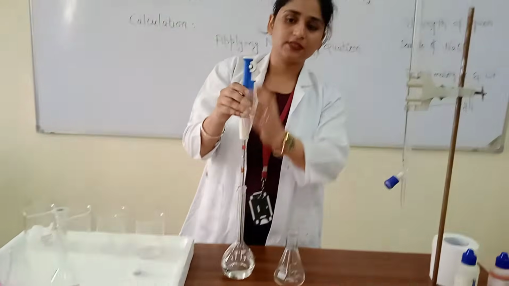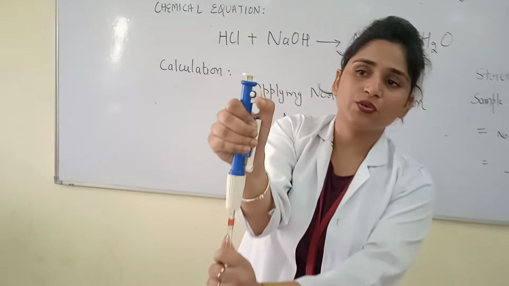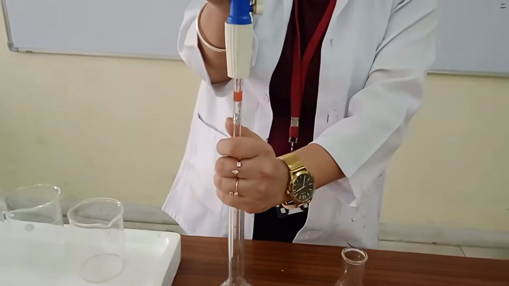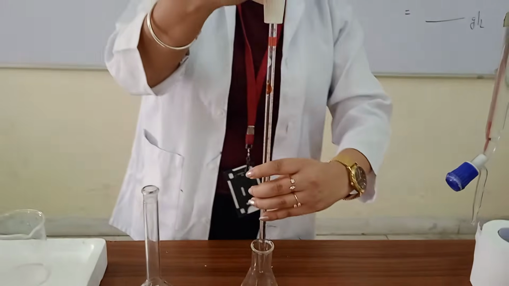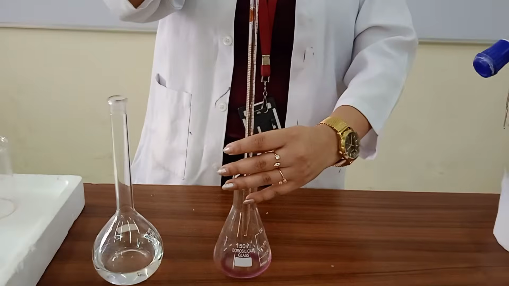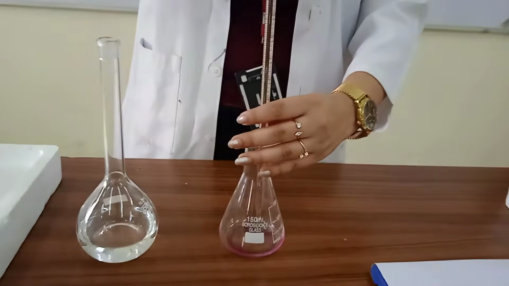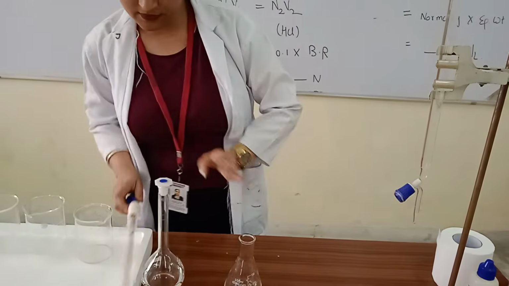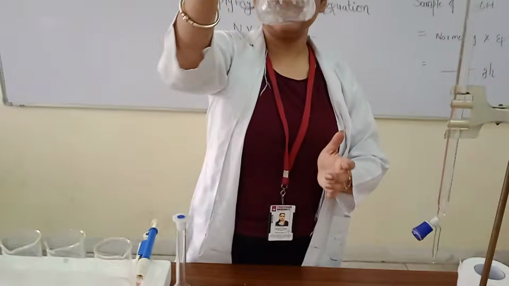With the help of this, you can draw the liquid like this, and when you put it here, press this button. Now you can see I have put the liquid and it is colorless.